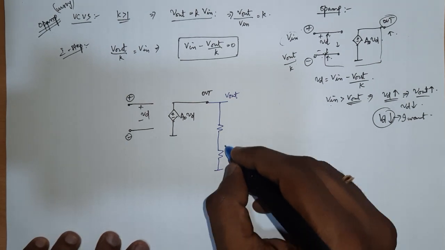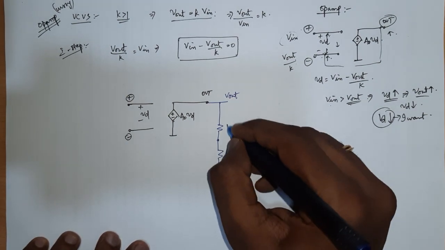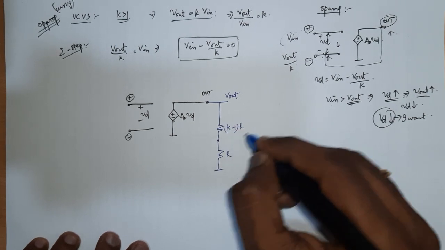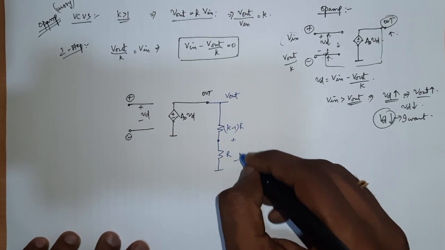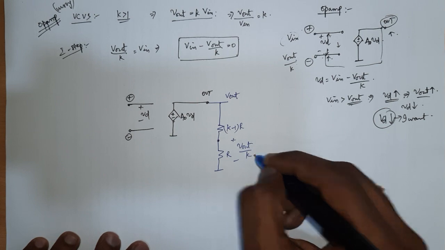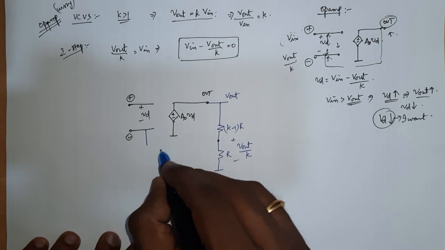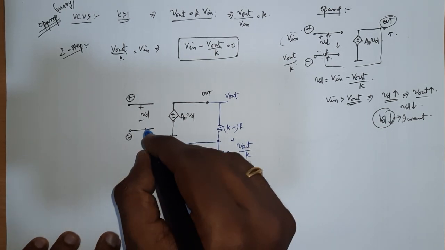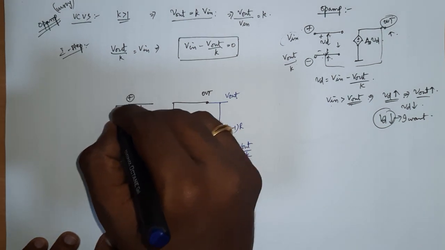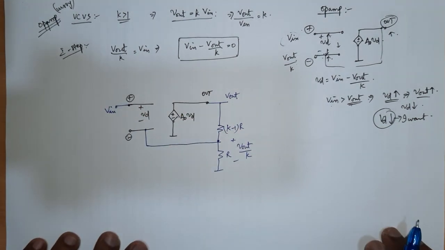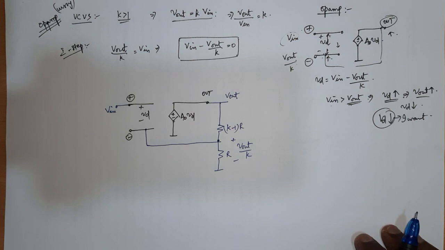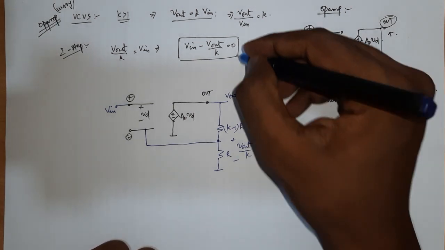If you connect a resistor of value R here and (K minus 1)R here, you will have a value of Vout by K here. Then you take this Vout by K and connect it to the negative terminal, while this terminal is given Vin. Okay, this is what I said. If you do this, then you would establish this equation.